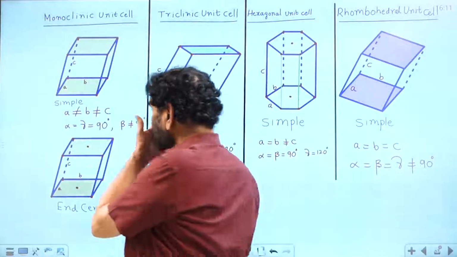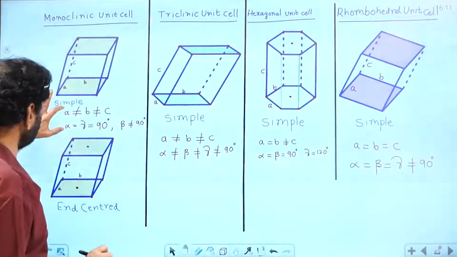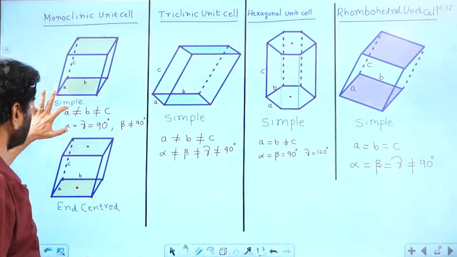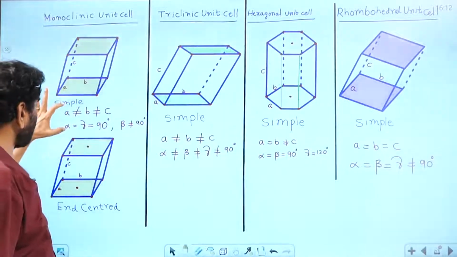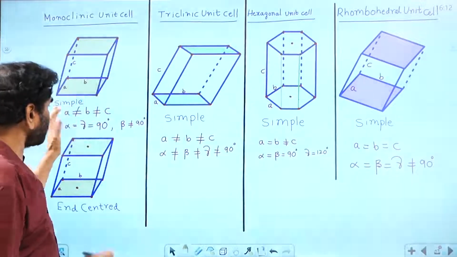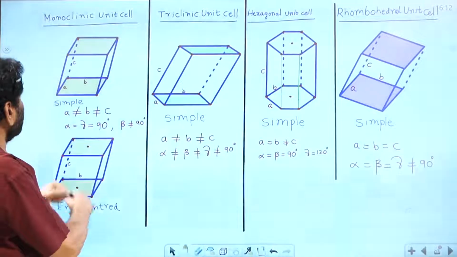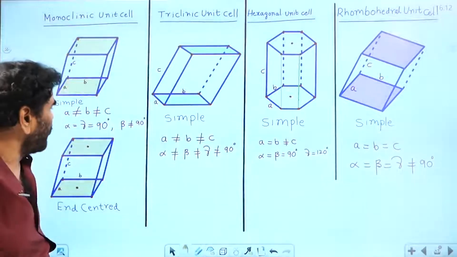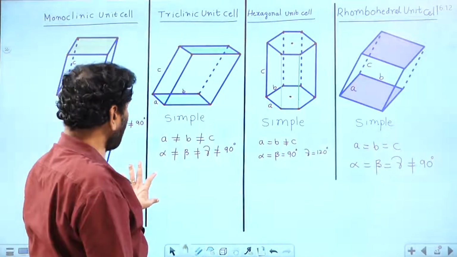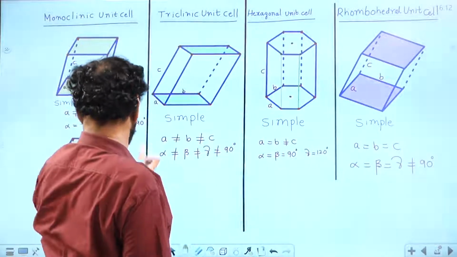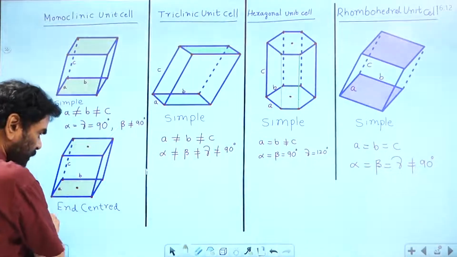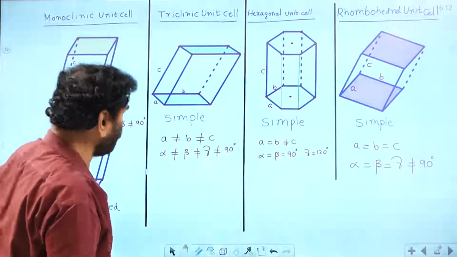So these are the cell parameters, and the unit cell which satisfies this set of cell parameters is called a monoclinic unit cell. Only two are possible.